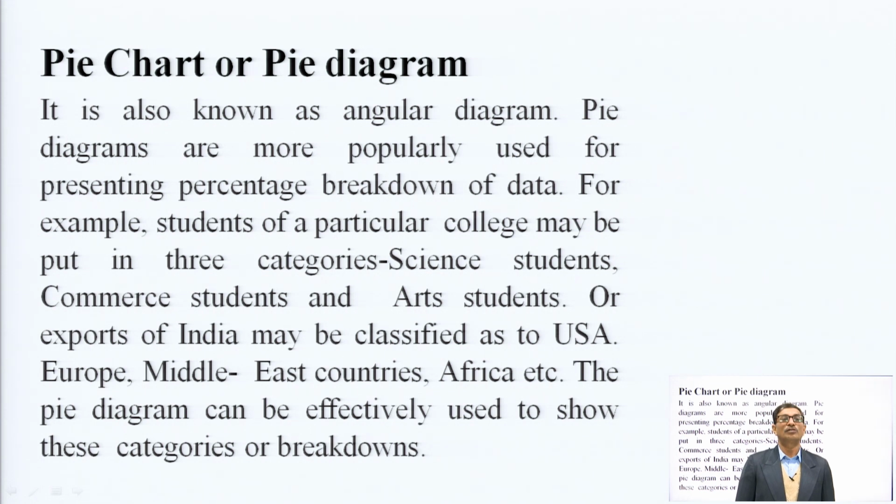Or exports of India may be classified as to USA, Europe, Middle East countries, Africa, etc. The pie diagram can be effectively used to show these categories or breakdowns. So, pie chart is a circular representation of the data or angular diagram of the data, in which we classify or categorize the qualitative data with the help of diagram.